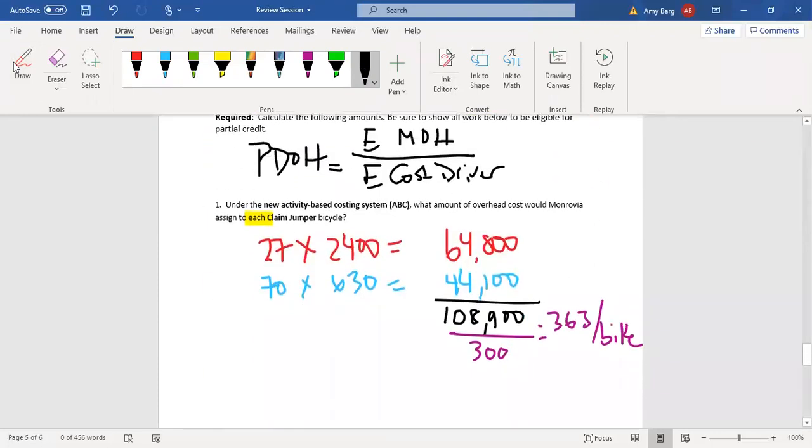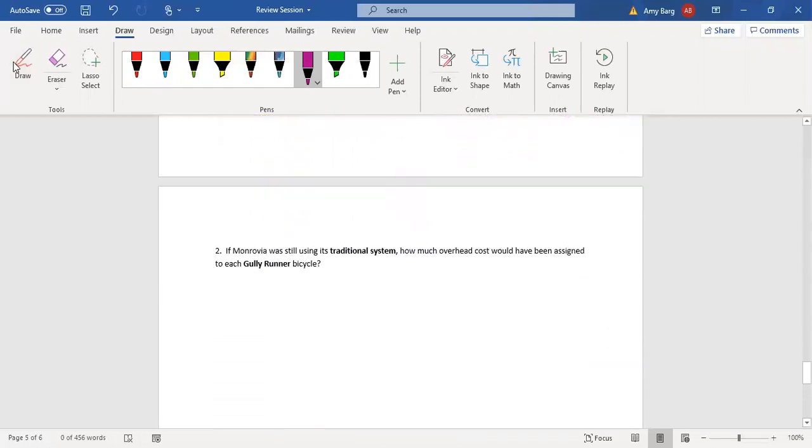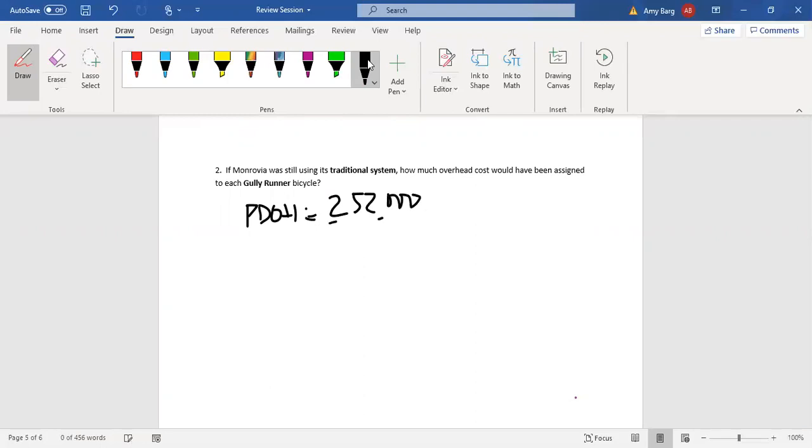So using the same equation, we can say that the predetermined overhead rate is 252 divided by 7,000. So that's $36, and that's going to be per machine hour.